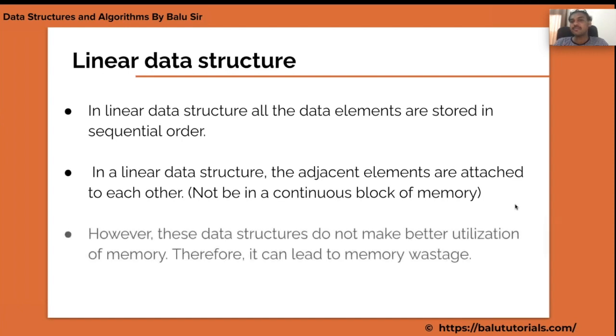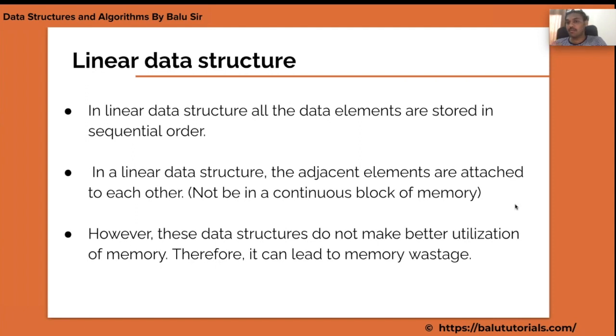However, these data structures do not make better utilization of the memory, so they can lead to memory wastage. Linear data structures are represented in a sequential manner, a one-to-one relationship, where one element has a relation with another element.